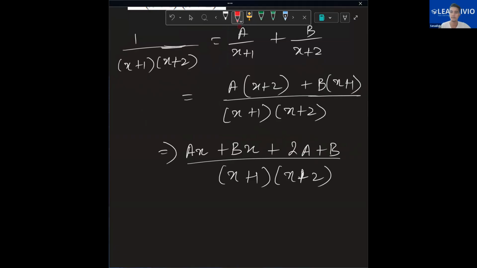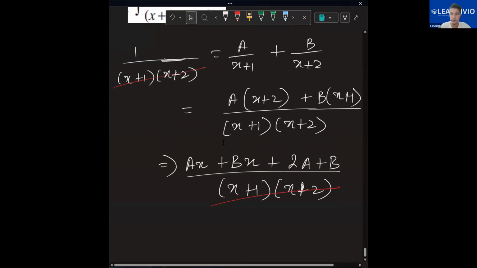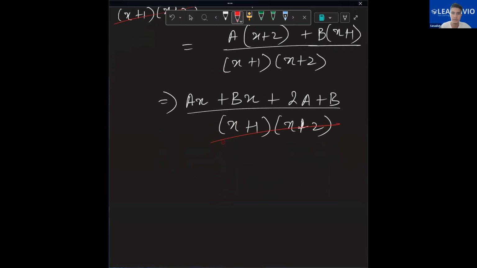All right. So now if you want to compare this, so you can actually cut this denominator from the both sides. And in numerator what do you have? You have only 1, ठीक है? आपके पास numerator में 1 है. Now you have to compare. In the left hand side, what is the coefficient of x?